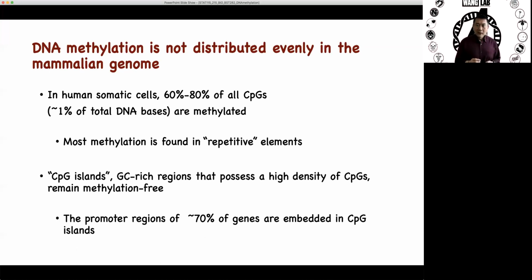It turns out that CpG islands really have the expected CpG density. When a CpG is methylated, it's much easier to mutate. The mutation rate on methylated CpG is much higher than on unmethylated CpGs.